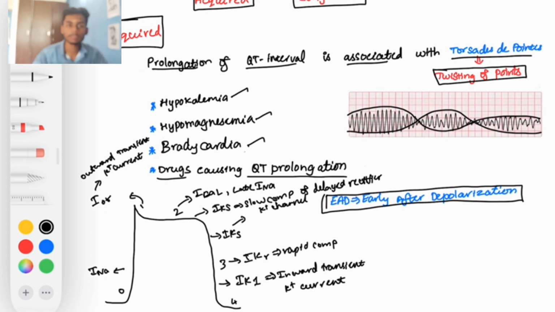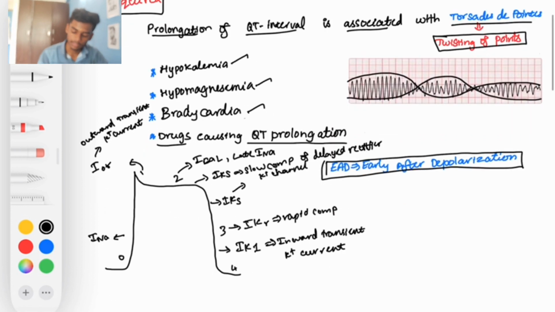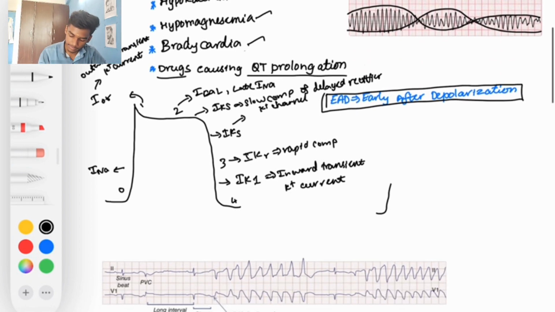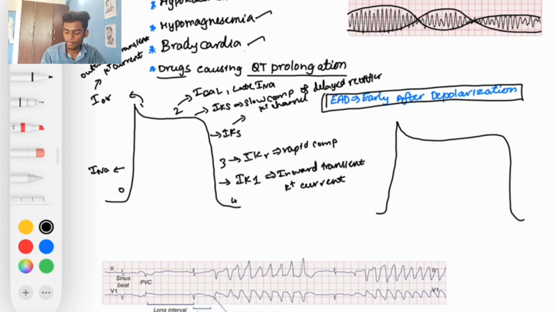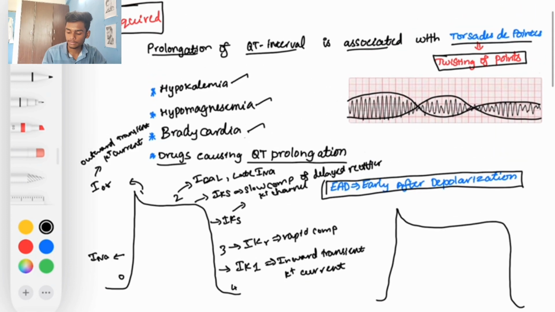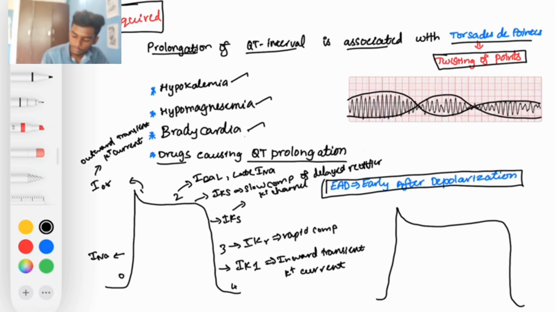There are two types of after depolarization. One is early after depolarization, another one is delayed after depolarization. Early after depolarization can be seen during bradycardia or action potential duration prolongation, which can be due to potassium channel blockade.